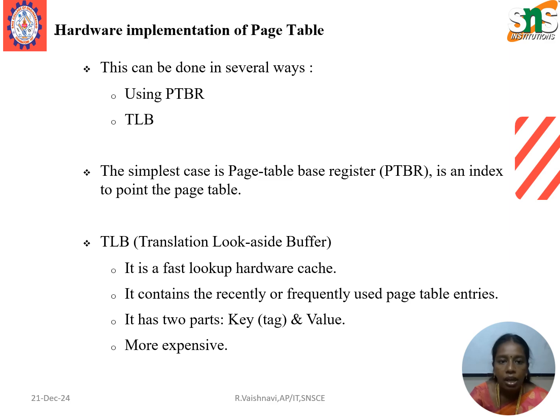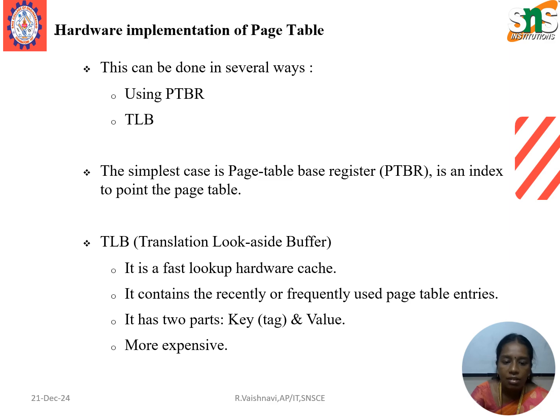Next one will be the hardware implementation of the page table. This can be done in several ways using the PTBR and the TLB, that is the page table base register and the translation look-aside buffer. The simplest case is the page table base register, which points to the page table.